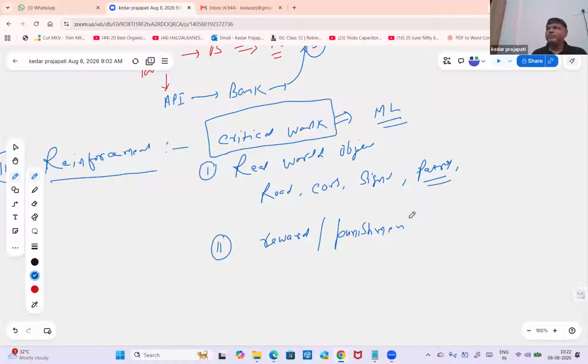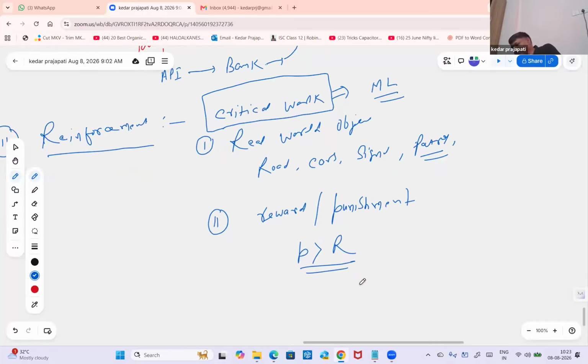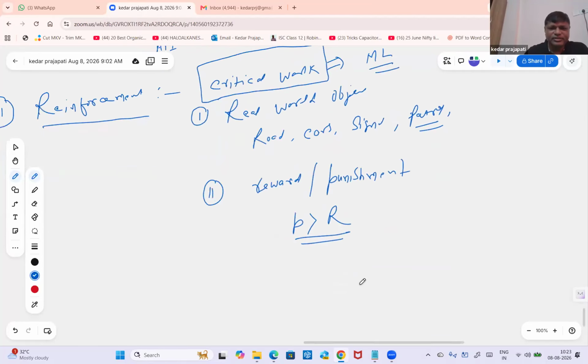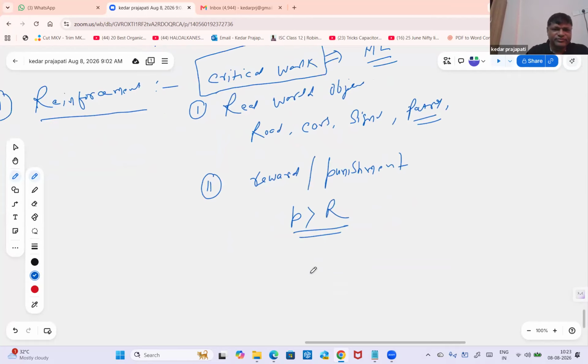If it does what I told it to do, then we'll reward it, and punishment will be given if it does not follow the instructions. So here the punishment will be greater than the reward. You are punishing it heavily so that next time it will not make the same mistake, because those mistakes are life threatening. Accidents can happen. People will lose their lives.